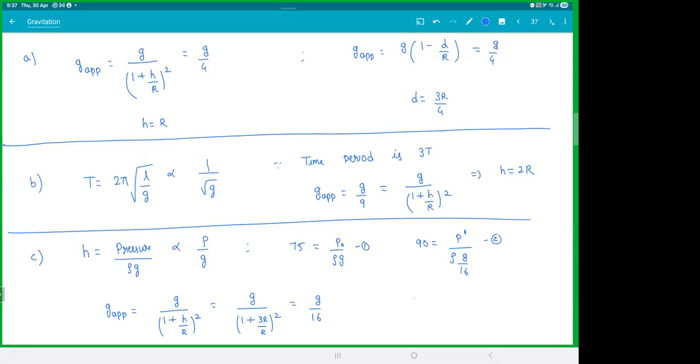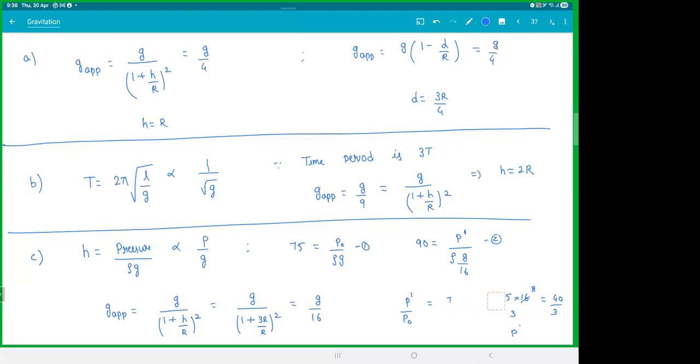Divide them. So you end up with P dash by P naught is equal to 90 rho g by 16 over 75 rho g. Yeah, I goofed up somewhere.